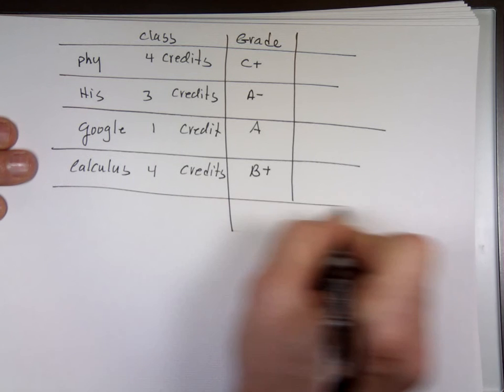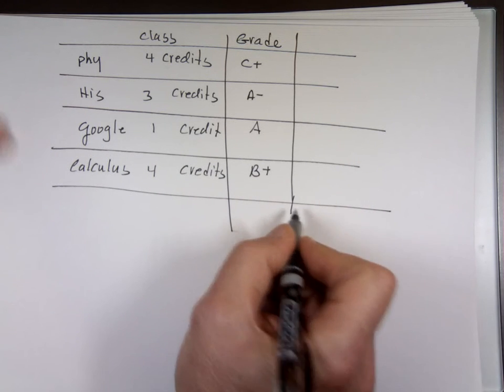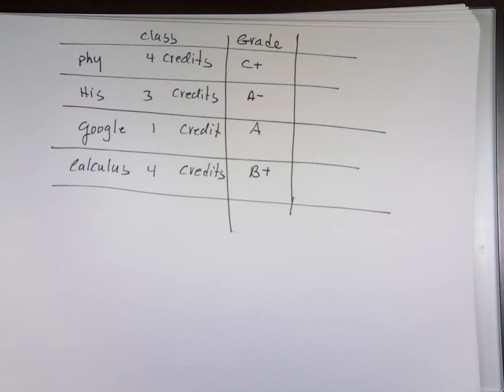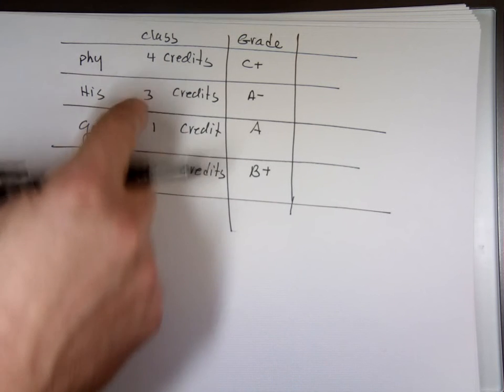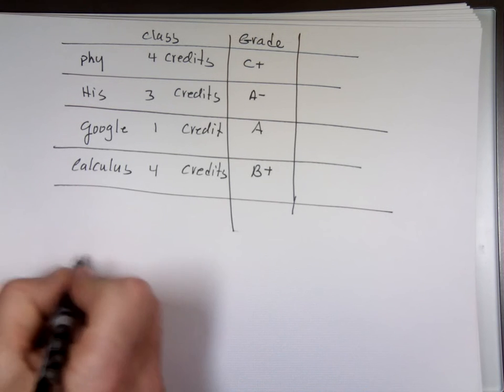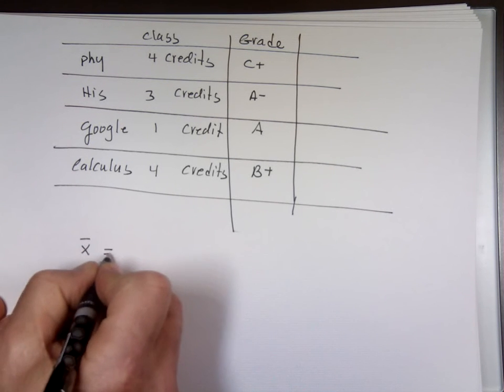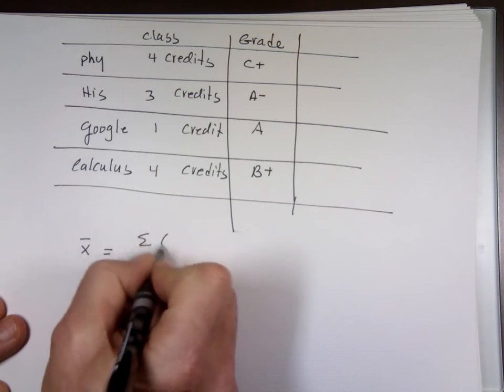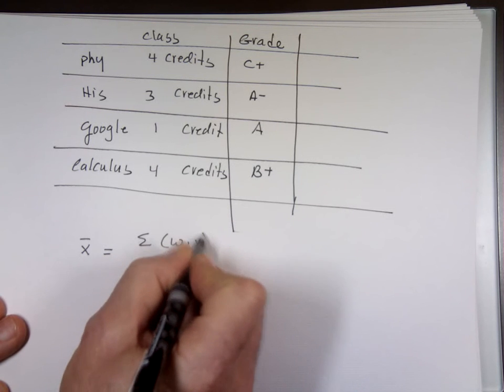So when you look at that, it's not just add them. The number of credits is different. So when we have a weighted probability distribution, the equation we're going to use to get x bar is the summation of w times x divided by the summation of w.